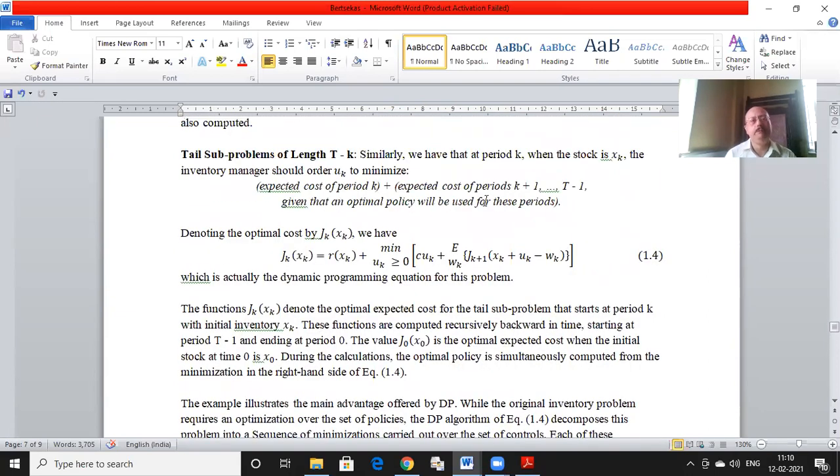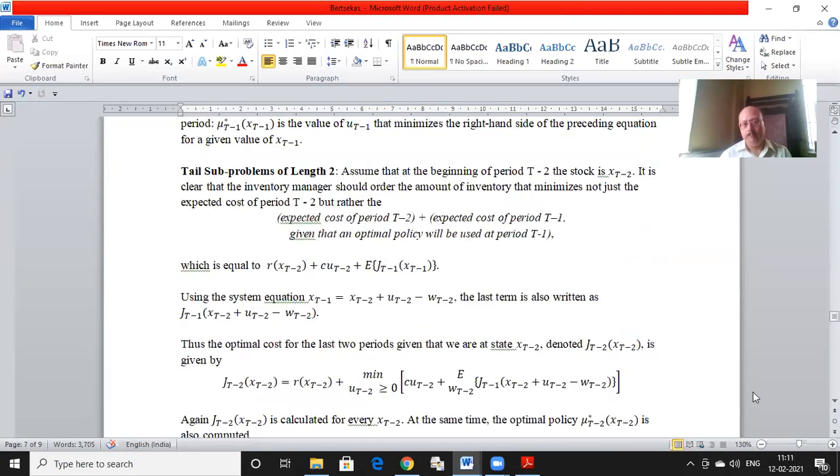So now it's like an induction step. I can do this for any intermediate period. And finally, if I continue this way, I will reach J naught X naught, which is the optimal solution for the entire period. And in the process, remember, I have also calculated the optimal order for each time period.